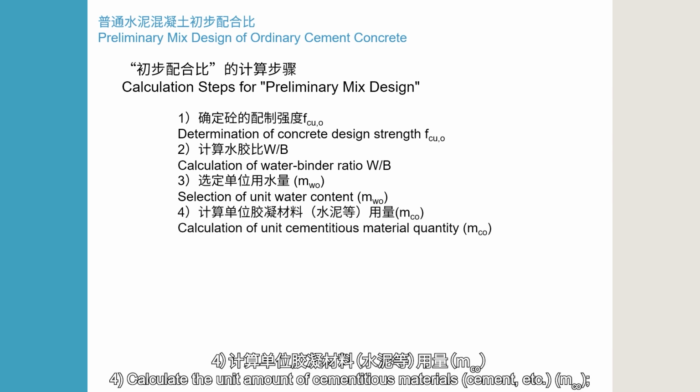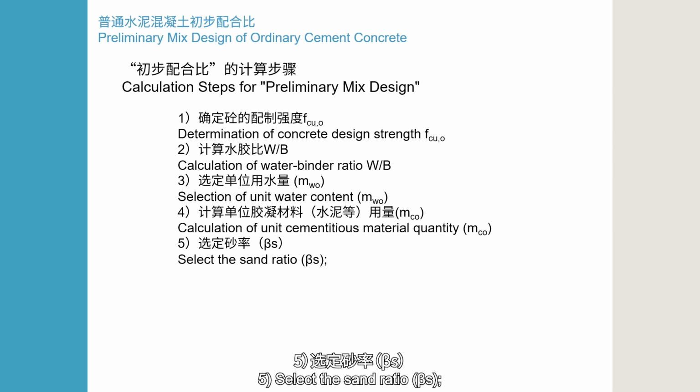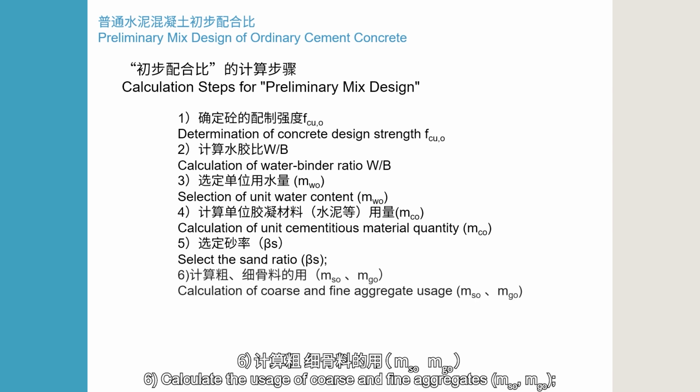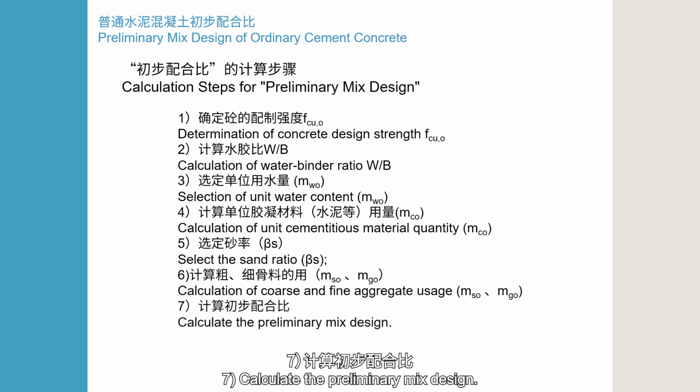Calculate the unit amount of cementitious materials, cement, etc., MCO. 5. Select the sand ratio, beta S. 6. Calculate the usage of coarse and fine aggregates, MSO, MGO. 7. Calculate the preliminary mix design.